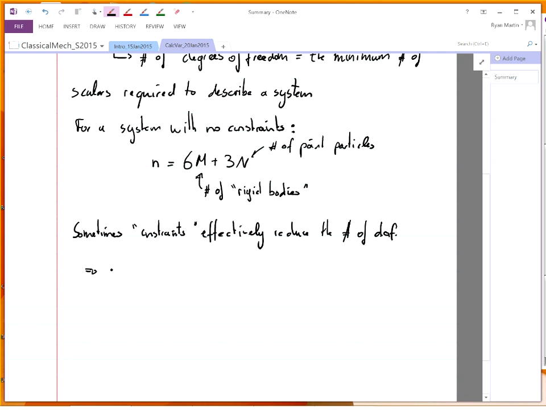So for each constraint equation, you have one less degree of freedom.